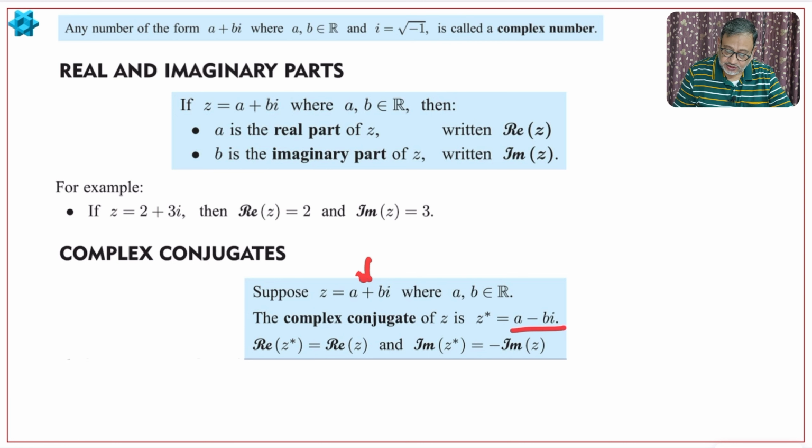So here there was a plus between the real and imaginary part, and we change the sign of the imaginary part. The real part we keep as it is. So the real part of z conjugate is the same as the real part of z, and the imaginary part of z conjugate is the negative of the imaginary part of z.